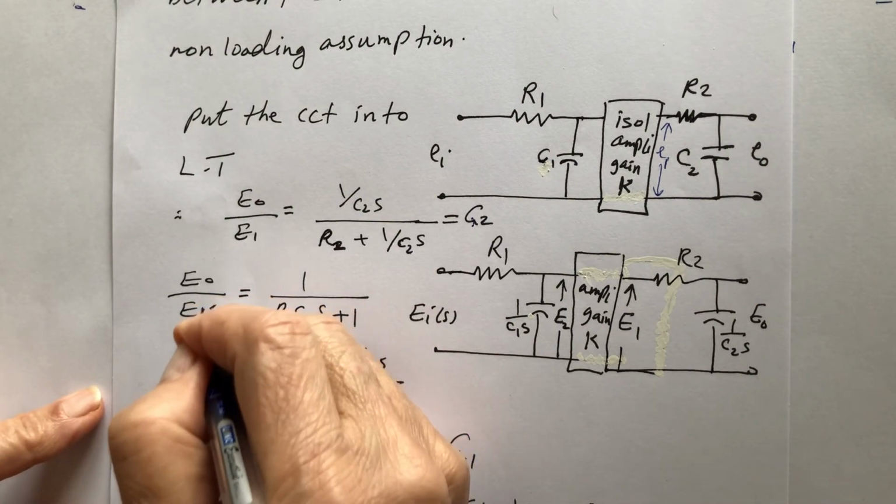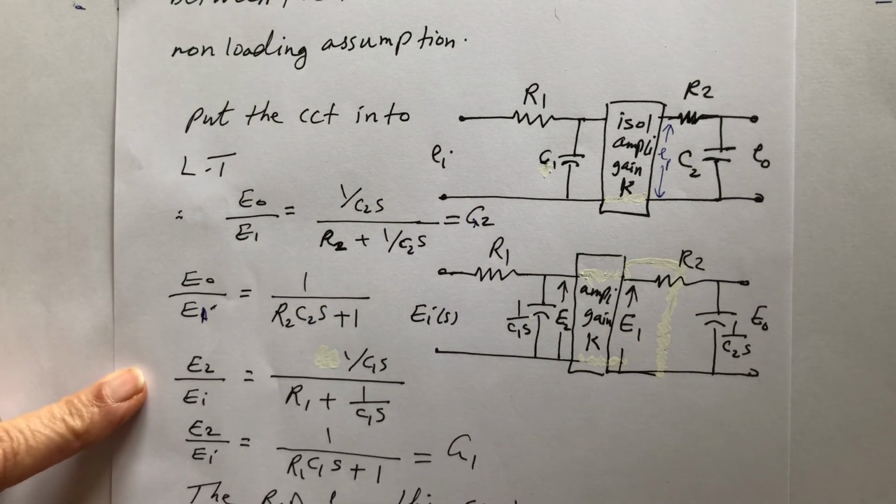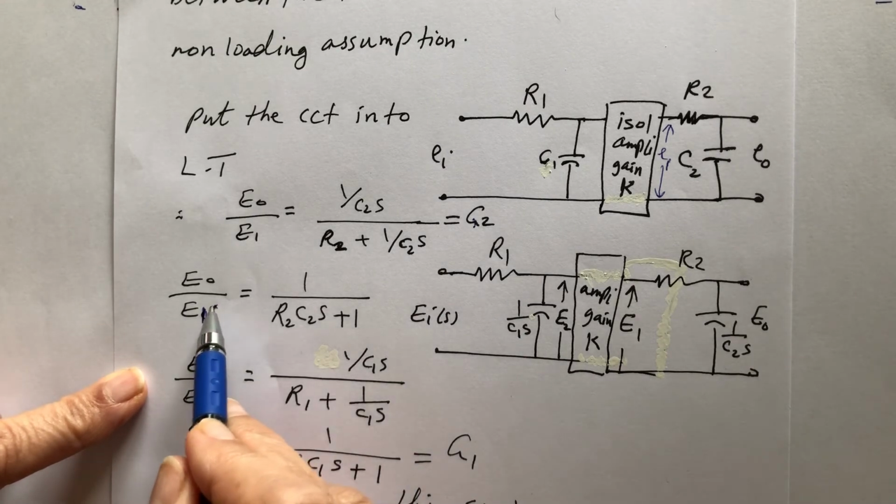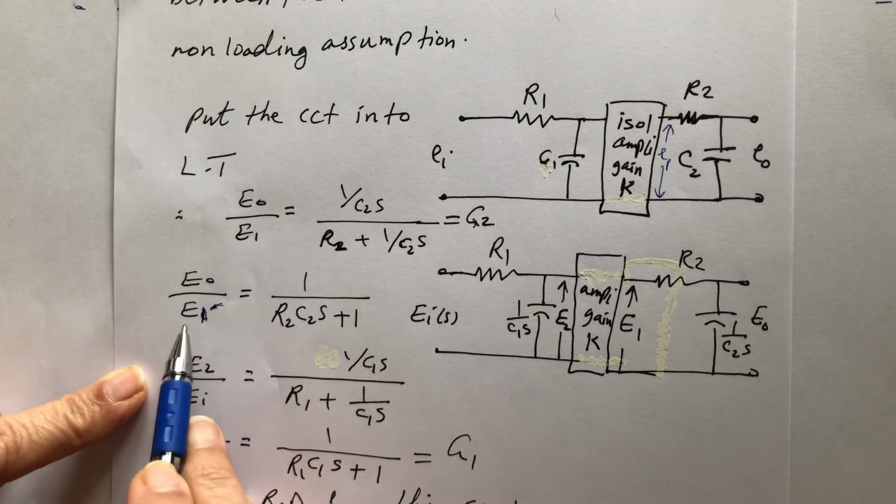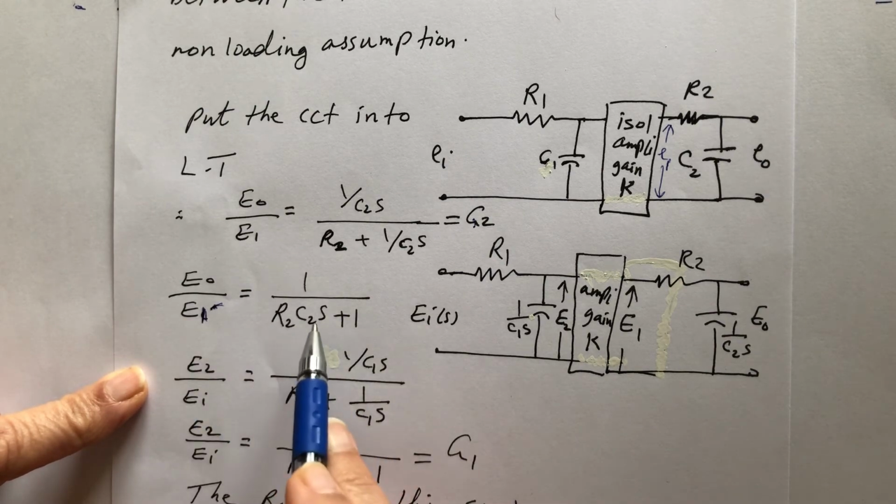Sorry, this is E1, not En. So E out over E1 equals 1 over R2 C2S plus 1.